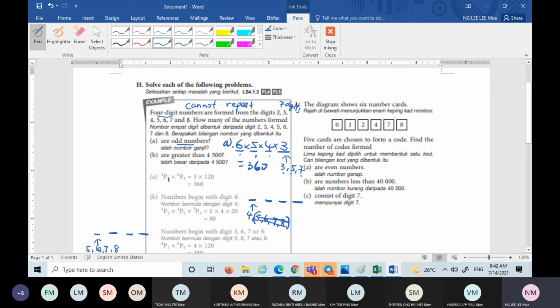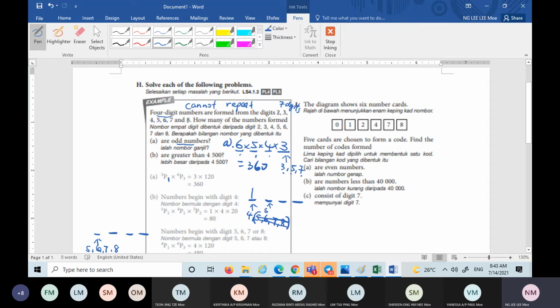Okay, this one I only choose from 4. So now you see at first it is 4, 5, 6, 7, 8. I cut into 2 different ways. For this I only choose 4, so it's only 1 way. After you put in 4 already, for this second digit, you want it to be greater than 4,500, so you cannot choose 2 and 3.